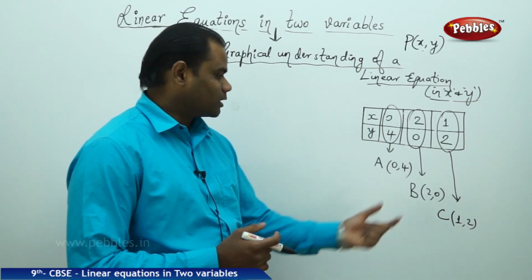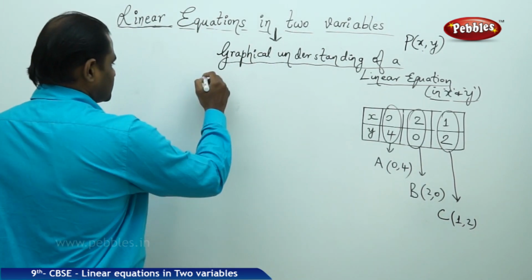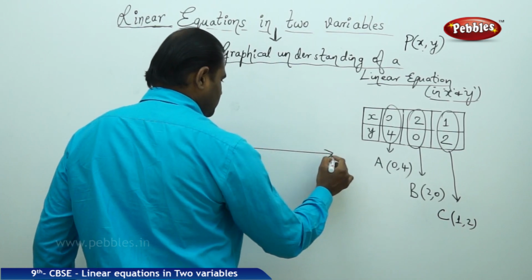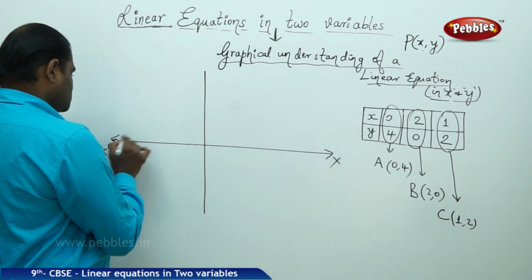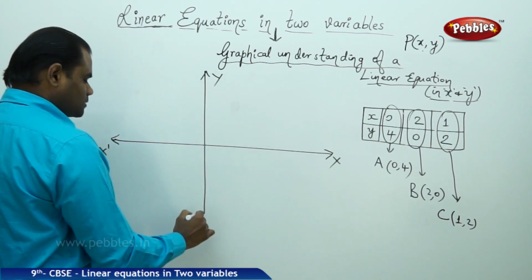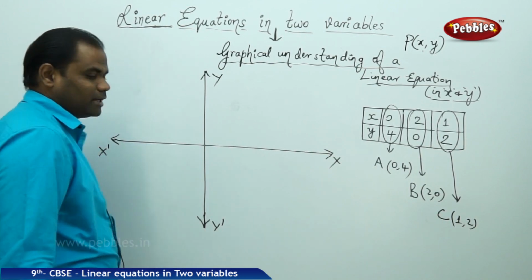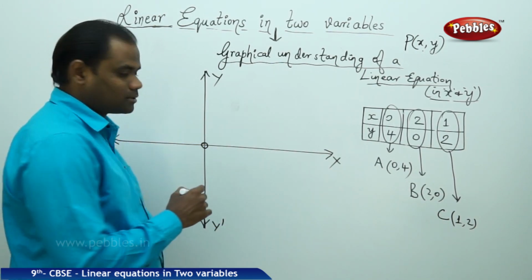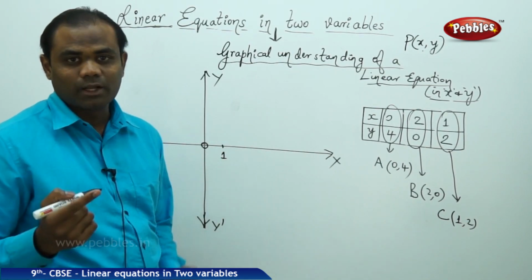Now let's see how we can plot these points on the Cartesian plane. This is the Cartesian plane. This is the x-axis. This is the y-axis, and this is the origin. Now let's plot through the scale of 1 centimeter equal to 1 unit.